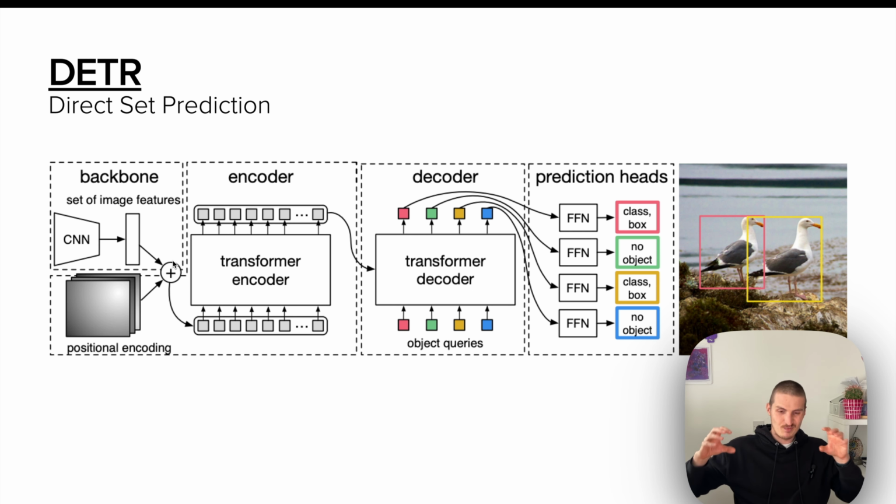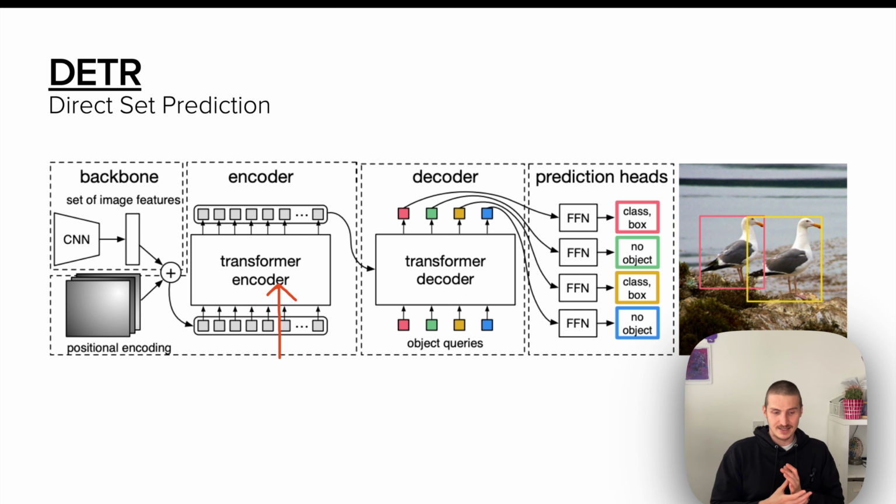Then these pixels are flattened out, and positional encoding is added to compensate for the loss of 2D information. Then all of that is passed through the transformer encoder, which processes it and arrives at the same shape in the output, a more refined version of the image.